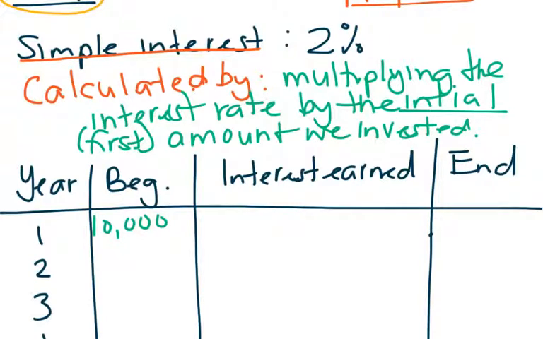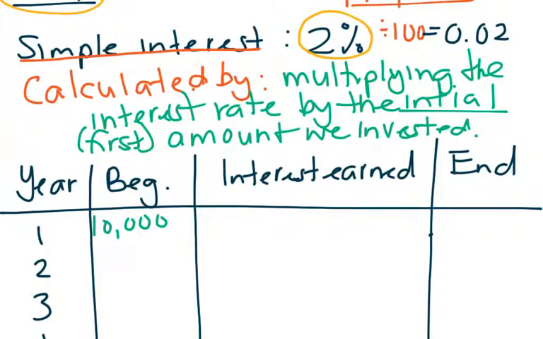The interest that we earned is calculated by multiplying the interest rate by the initial amount we invested. So the interest rate is 2%, but we know we're not going to multiply 2% by 10,000. We've got to change that into a decimal. So we just divide that by 100, and we have 0.02.